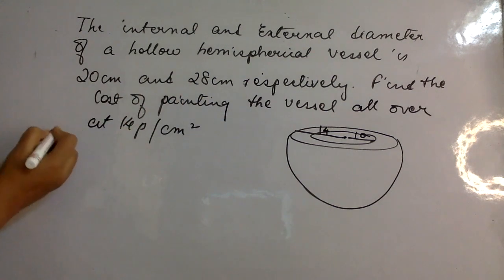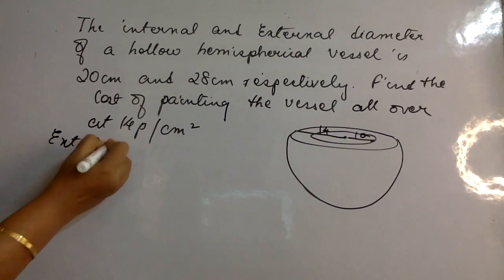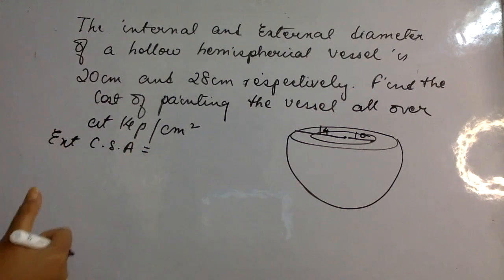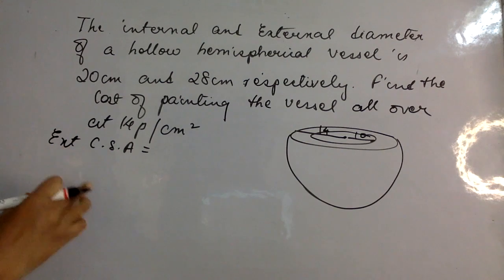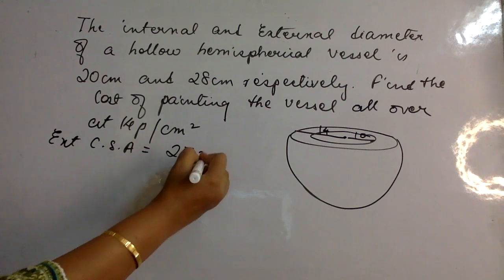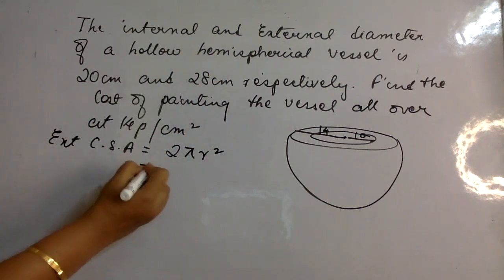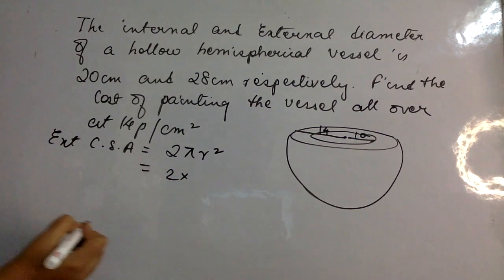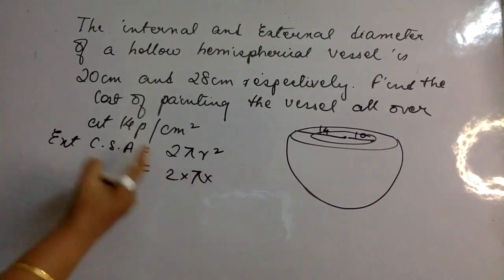Okay, so first is external curved surface area, because we need to paint. If we need to paint, we have to find surface area. If we are melting, we need volume. So external curved surface area is how much? 2 pi r square, because 4 pi was for the full one, okay. So that will be 2 into pi into r square.